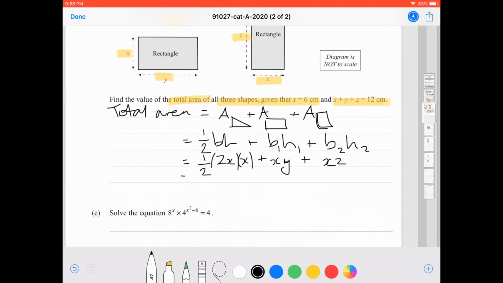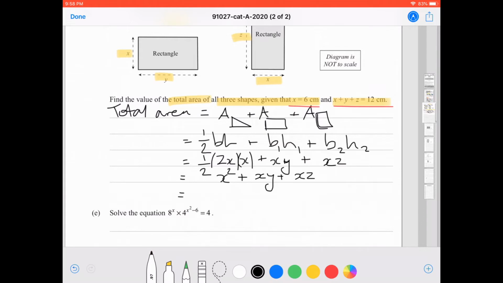Okay, we need to expand our brackets for the triangle. It looks like 2x squared over 2, which makes it just x squared, and plus xy plus xz. At this point, we need to start looking at our x equals 6 and x plus y plus z equals 12.